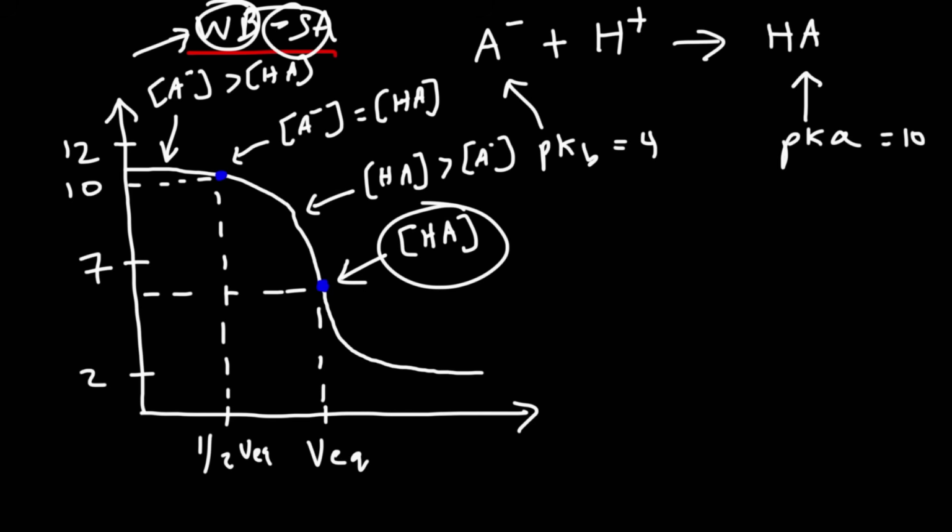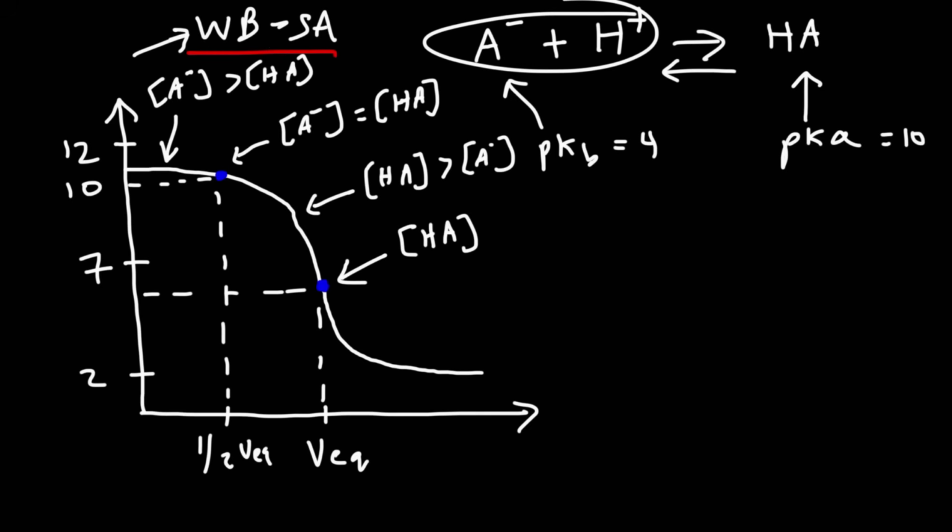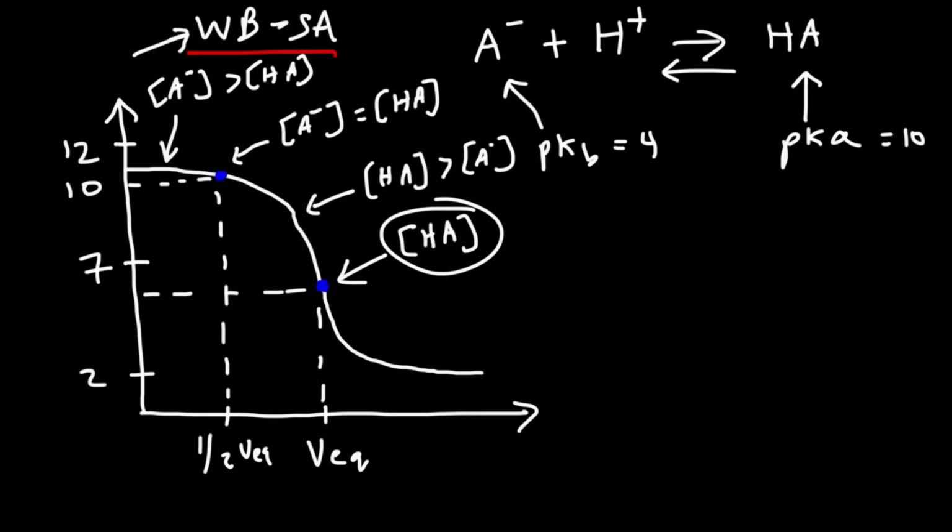I say almost because once all of these go to 0 and you get HA, a small amount of HA will go back into this form. It's going to be very close to 0, but a small amount will be dissociated into H plus and A minus. So they don't go exactly to 0, but close to it. But at the equivalence point, nearly, not exactly, but almost 100% will be HA.